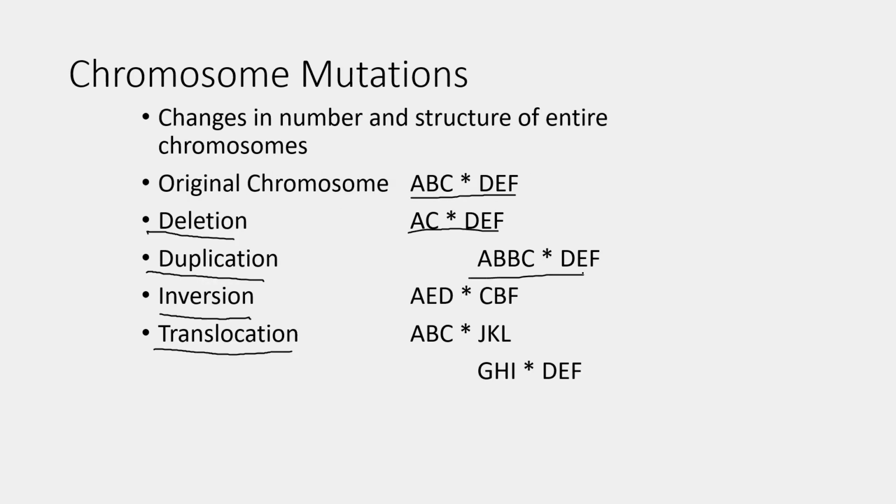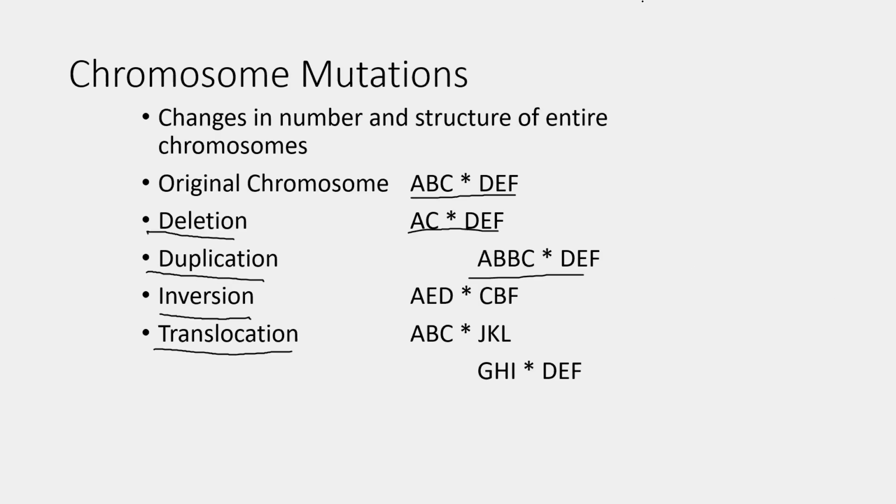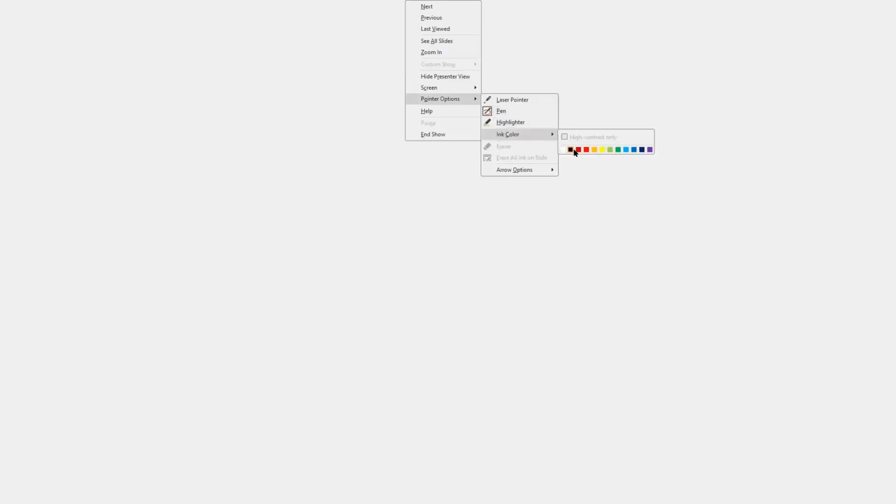Sir, can you do the other thing again, please? All right, no problem. No, that's fine. Okay, let's start with the deletion, okay? I'm going to have to use a couple of different colors here. And I'm going to be using one single chromosome. Okay.